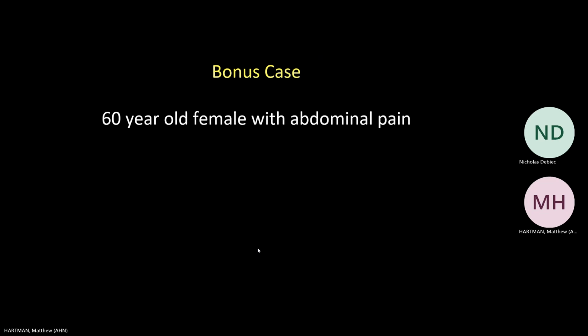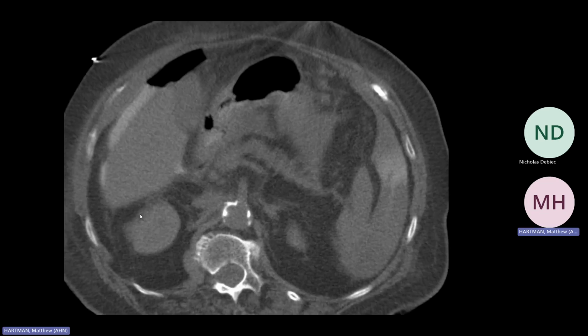And we have a bonus case, 60-year-old female with abdominal pain. So this is a tough one. It's a non-contrast scan. I will say we gave some oral contrast, so no IV contrast, but there's some oral contrast. And that is sort of the crux of this case.